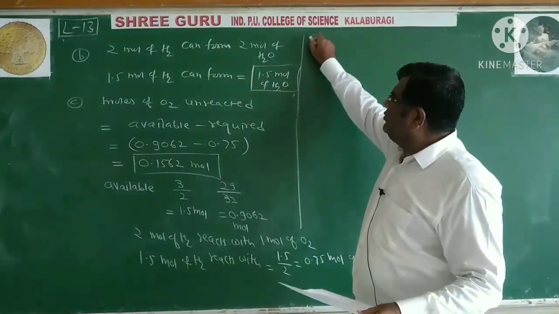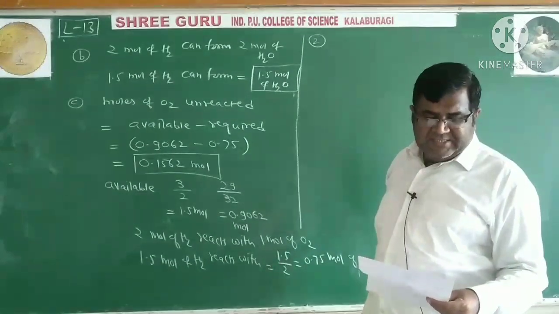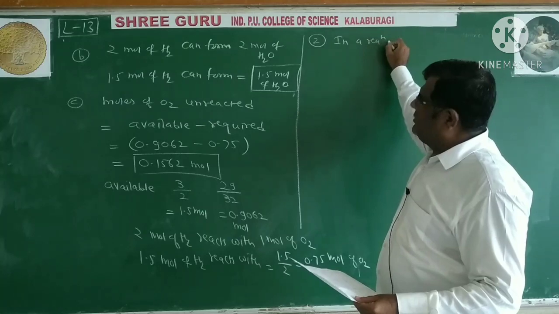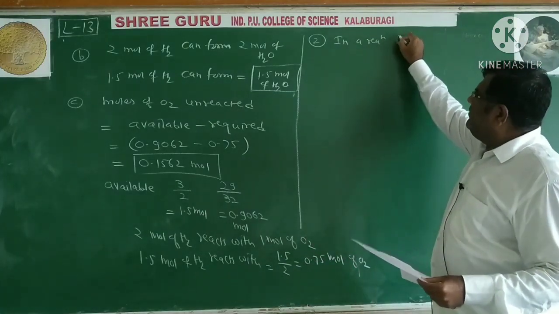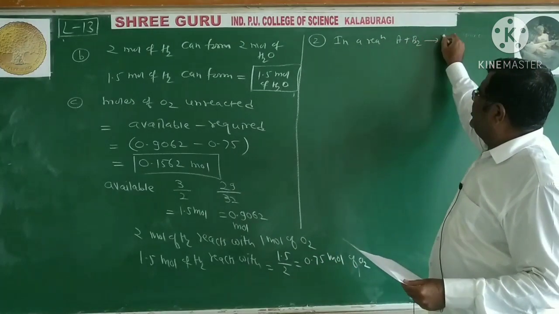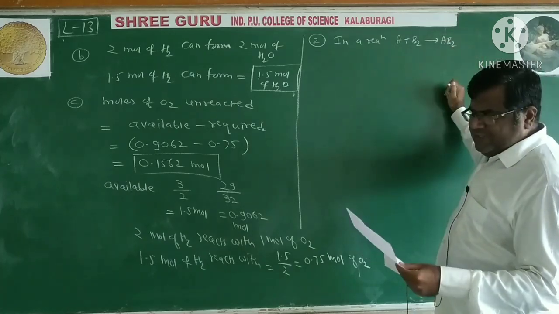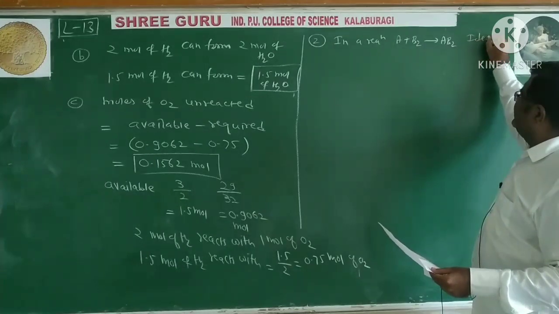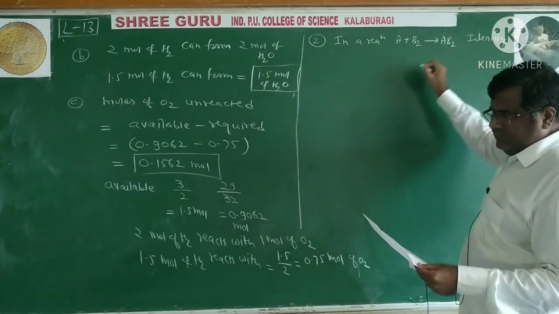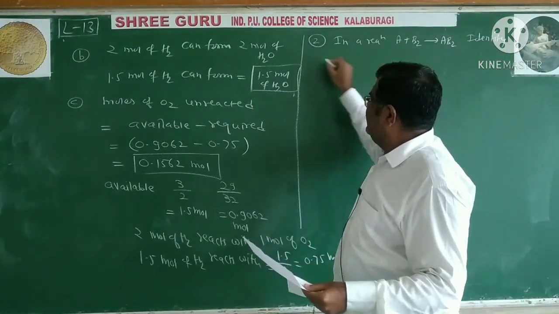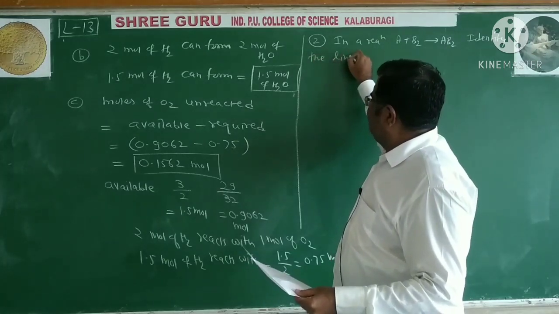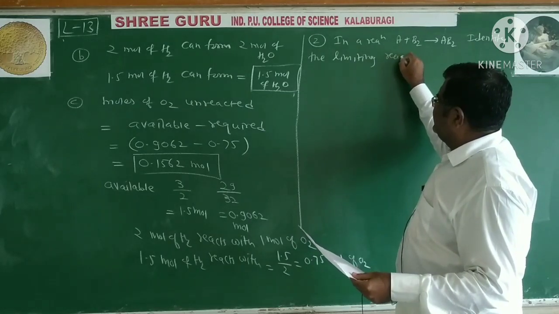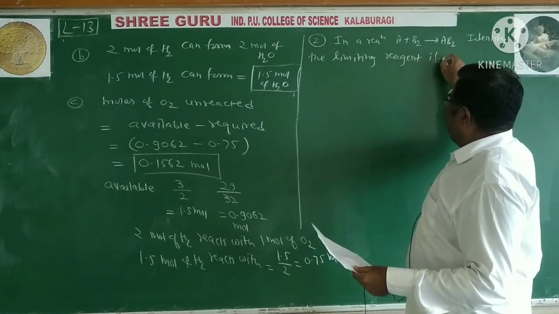So question number 2, this is from a textbook exercise. In a reaction, A plus B2 gives AB2. Identify the limiting reagent, if any.